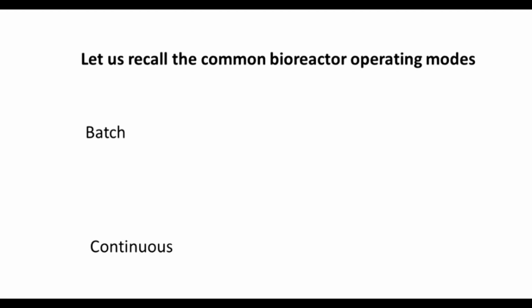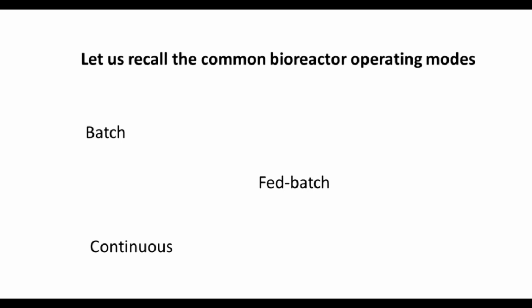We also saw the continuous mode of operation, where there is a continuous stream in and a continuous stream out of the bioreactor, and the processes simultaneously take place when there is a continuous flow. In between the two ends, the batch and the continuous, we had the fed batch, where you start out as a batch, and then you could have intermittent feeding or intermittent removal, or even continuous feeding and continuous removal, or both.